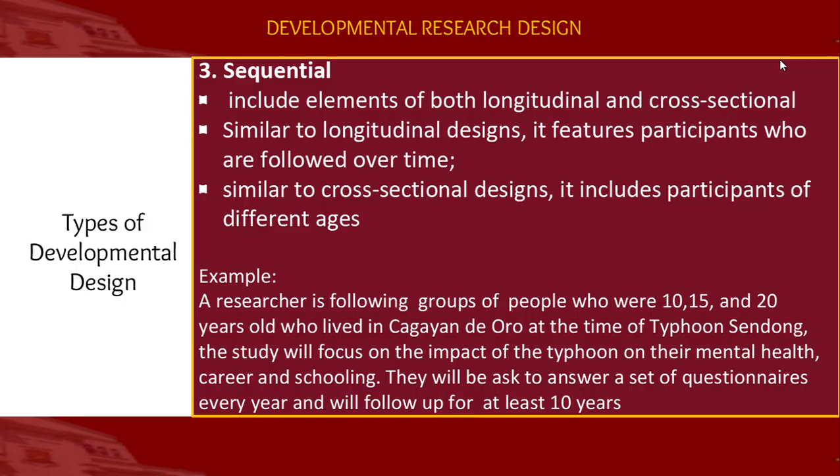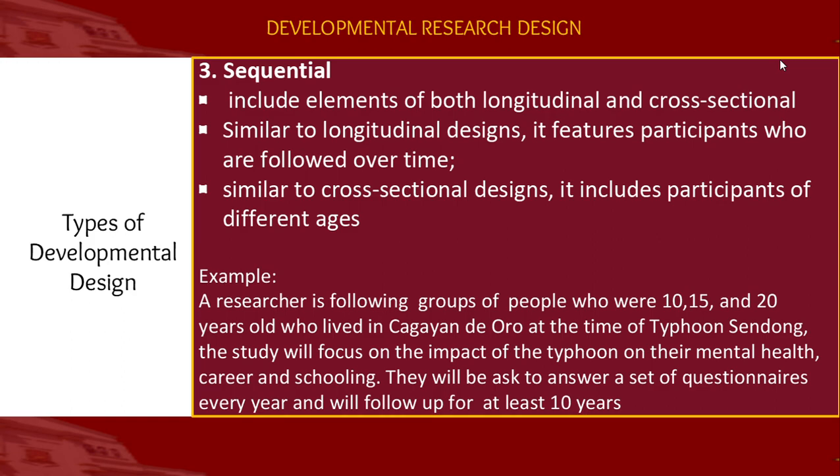It includes both the longitudinal and cross-sectional. So similar to longitudinal designs, it features participants who are followed over time. Similar to cross-sectional designs also, it includes participants of different ages.